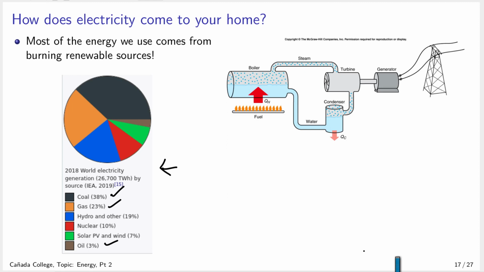Okay, and by the way, if you add nuclear as well, that gets you closer to 75%. On the other hand, if you look at hydroelectric and solar, these contribute about 26% of the total amount of energy. So clearly we are using a lot of non-renewable energy to power our homes right now.